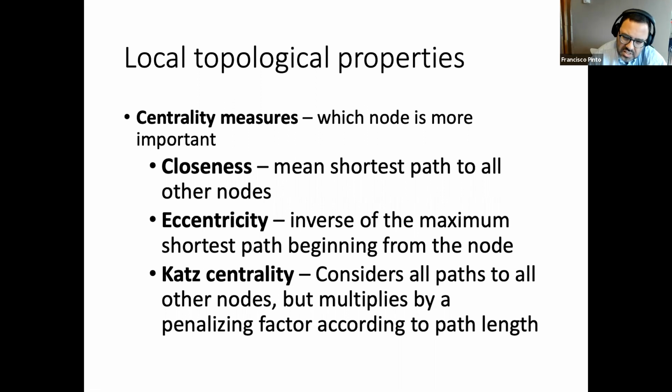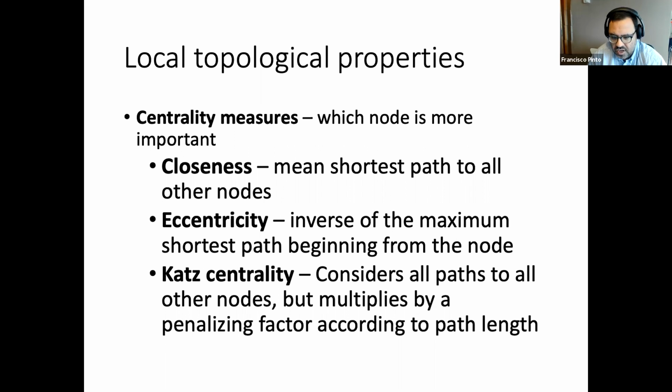So closeness and eccentricity, you can compare it like closeness is more like a mean. The eccentricity is more like a non-parametric estimate, because you don't count all the paths, you just count the one that is farthest away from the node. So these are different angles of looking at the same thing.